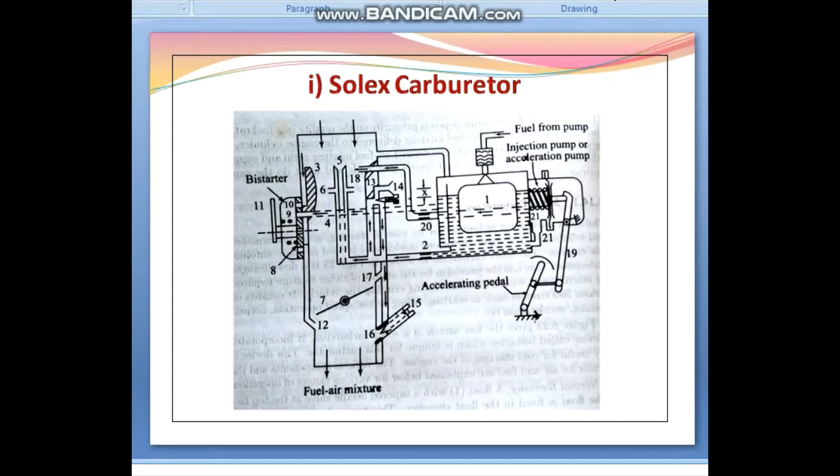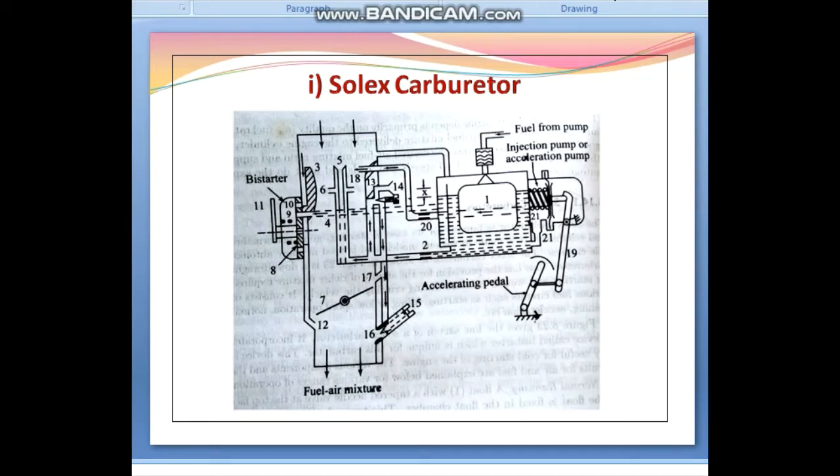The fuel is inducted from there and mixed with a little quantity of air from a small pilot air bleed orifice, that is number 14.